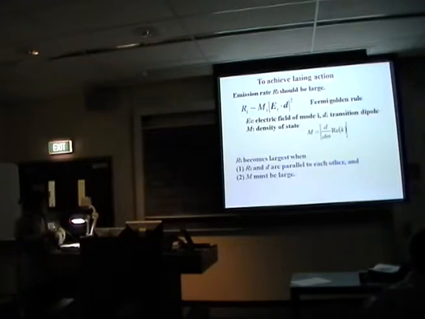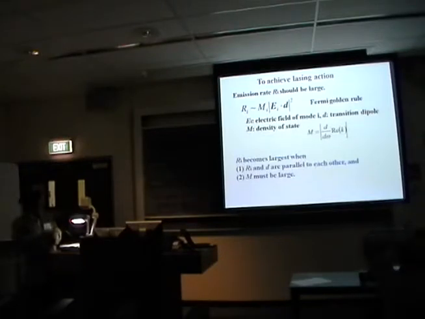Okay, so to achieve lasing action, of course, we need to have a large emission rate, like this. The emission rate is given by this Fermi golden rule. This is the electric field of mode 1, and this is the transition dipole. So this is the inner product of electric field and transition dipole.